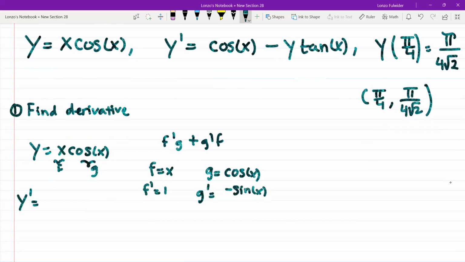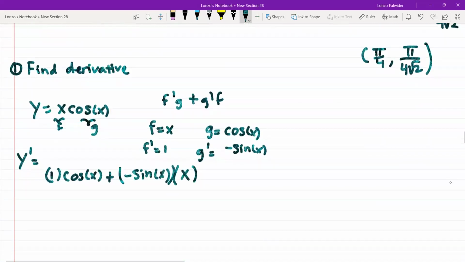Okay, so f prime is 1 times g, which is cosine of x, plus g prime, which is negative sine of x, times f, which is x. 1 times cosine x is cosine x.